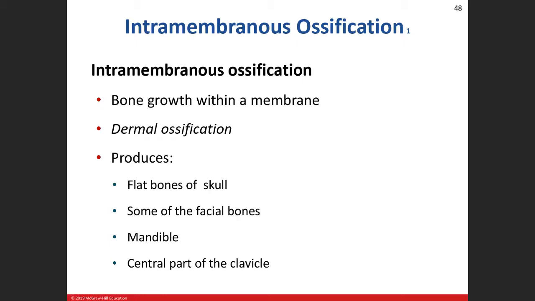All right, so here's the first one, intramembranous ossification. If you see here in our word intramembranous, you see membrane. So that's what we're going to see here. We're going to start off with the bone tissue developing inside this membrane.